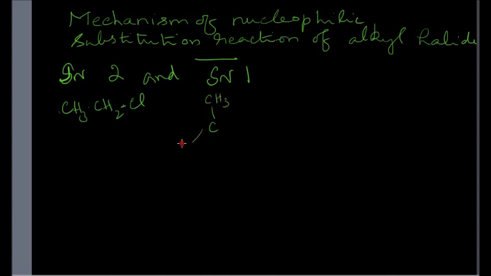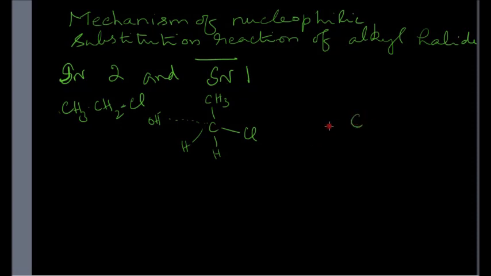The carbon is in the midst of a tetrahedron. Now the OH group from the reagent, when you add alkali, is attacking the carbon from the rear, from behind. So this leads to the formation of a transition state.